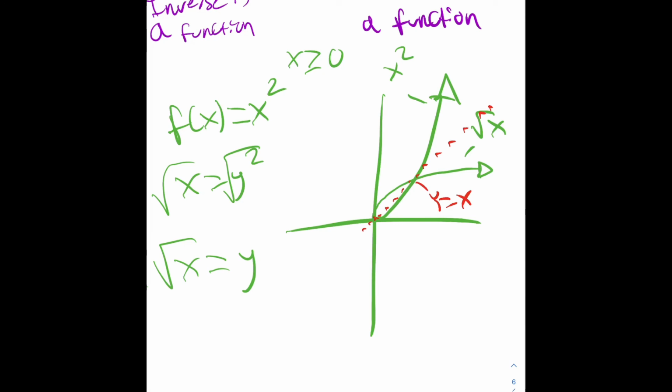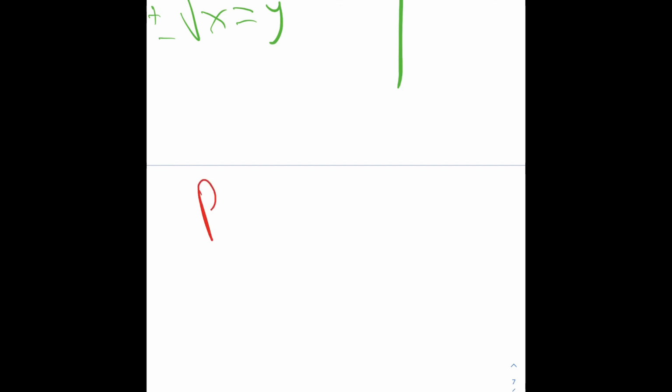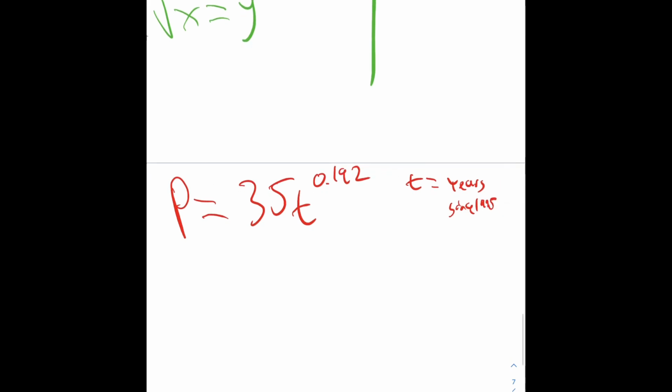All right, and let's do one last example. The average price in dollars for a National Football League ticket can be modeled by the function P equals 35 t to the 0.192, where t is the number of years since 1995.